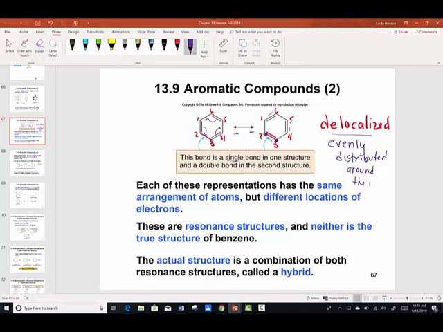So evenly distributed around the entire ring. So instead of thinking of them being localized, which is just between 2 atoms at one time, they are delocalized, spending time between all atoms in an even distribution.